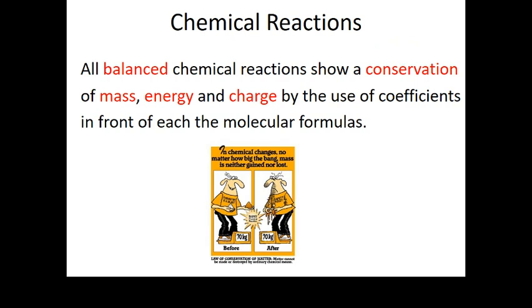Again, by showing and using coefficients in our subscripts, we are showing the conservation of mass. All balanced chemical reactions actually show the conservation of mass, energy, and charge by the use of coefficients in front of each molecular formula, as we just saw.